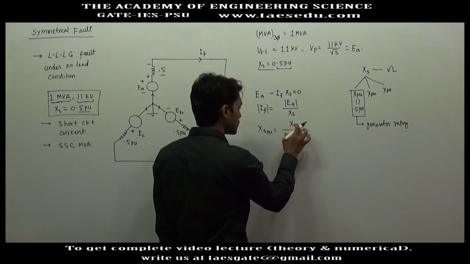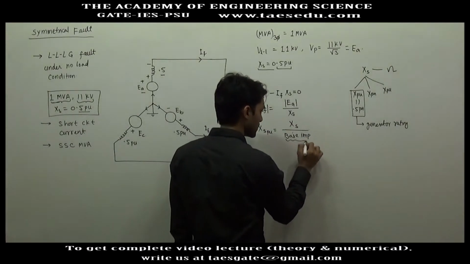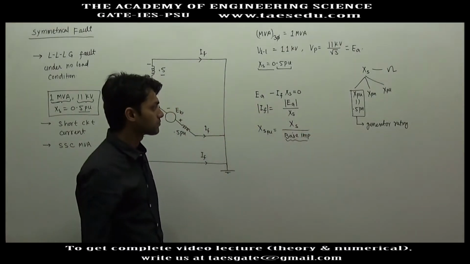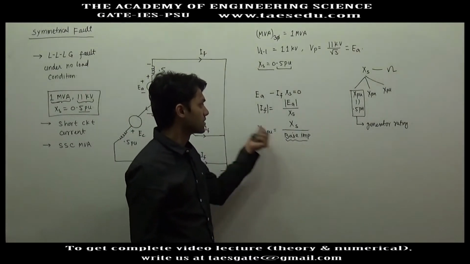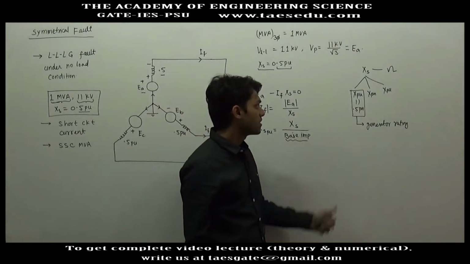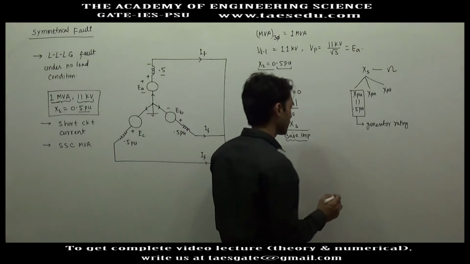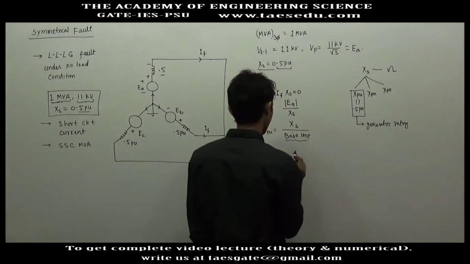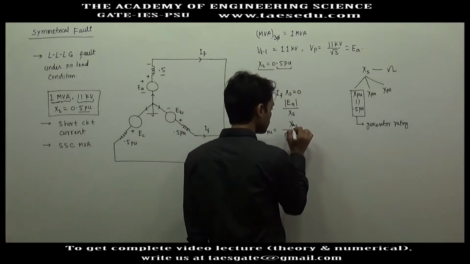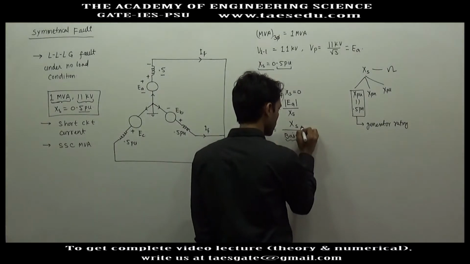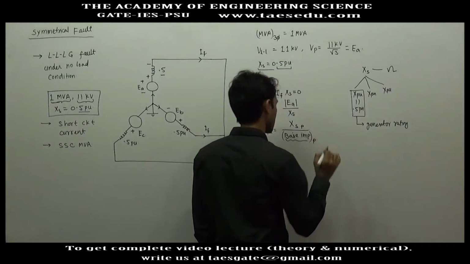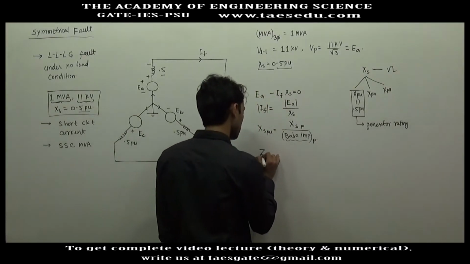To calculate the actual impedance, we will first find the base impedance on the basis of generator rating. This is the actual impedance of the phase, so we will find the base impedance of the phase.